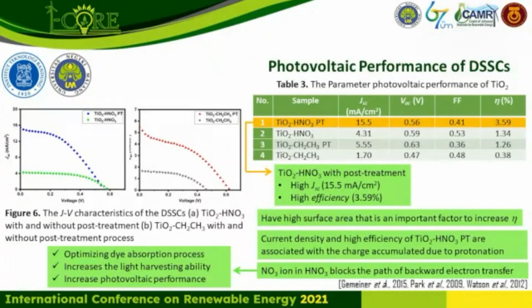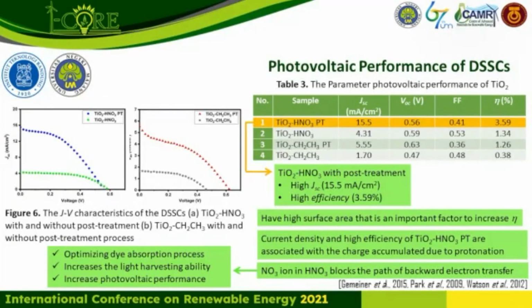This is the result from solar simulator characterization. From this characterization, we can see the JV characteristic of the DSSC system. In Table 3, we can see that TiO2 paste with nitric acid and post-treatment gives a high current density and high efficiency.